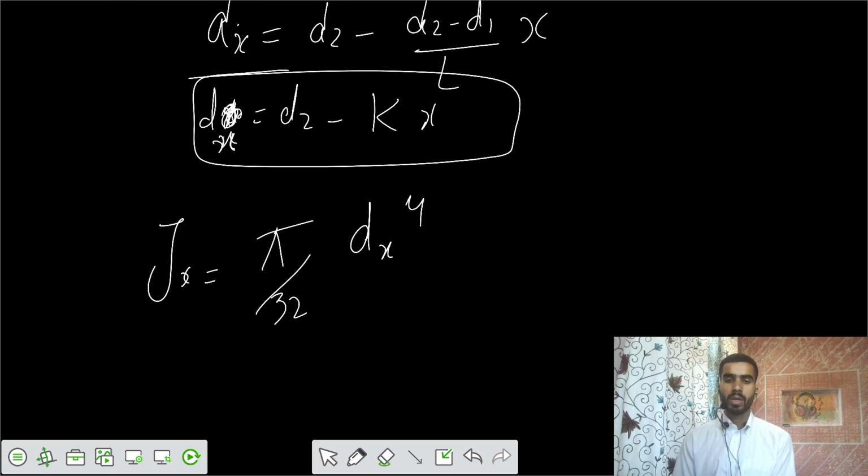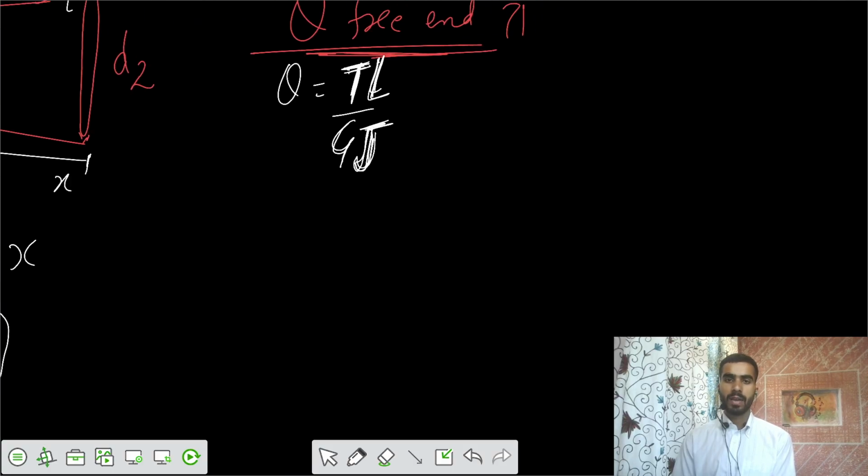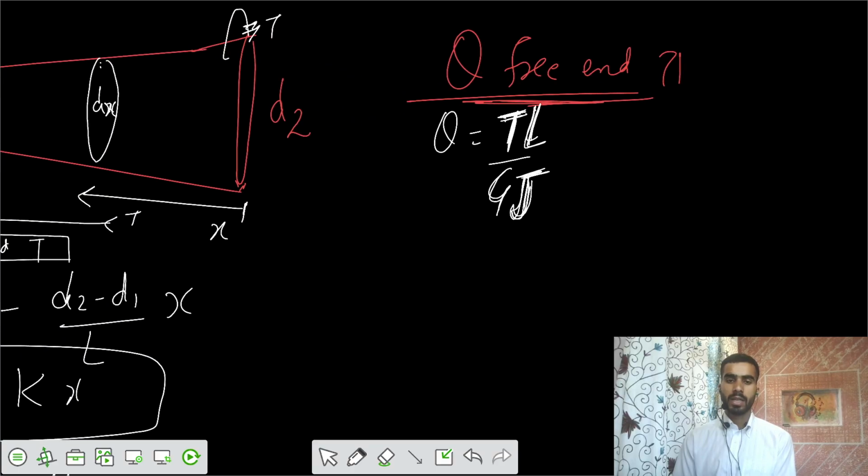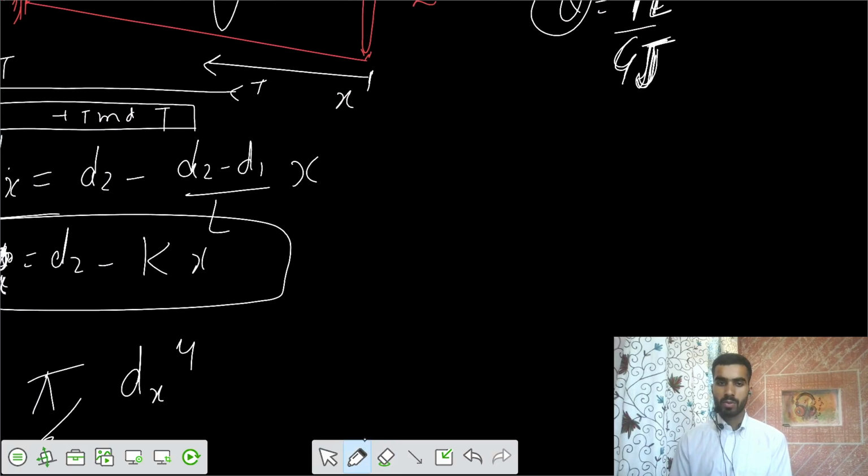So because your D is varying, that means your J is varying, so for theta you have to take a smaller d theta, contributed by a smaller strip.